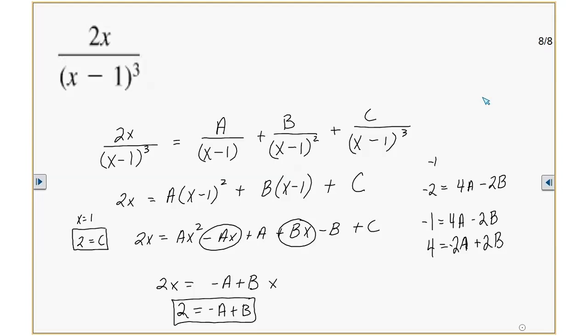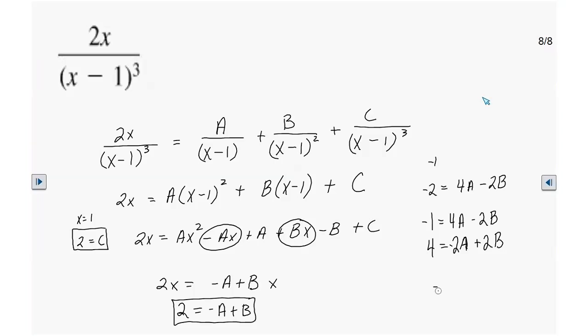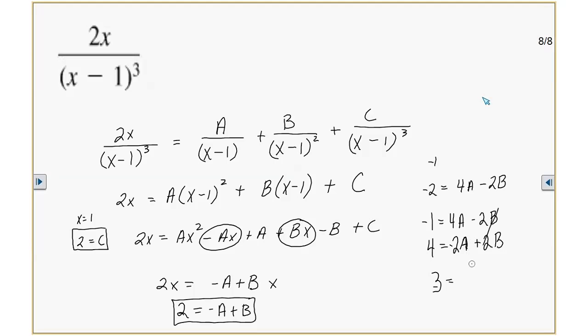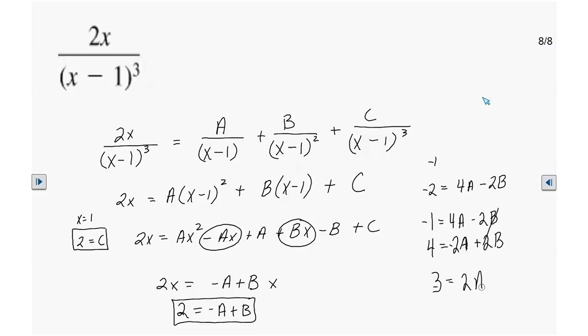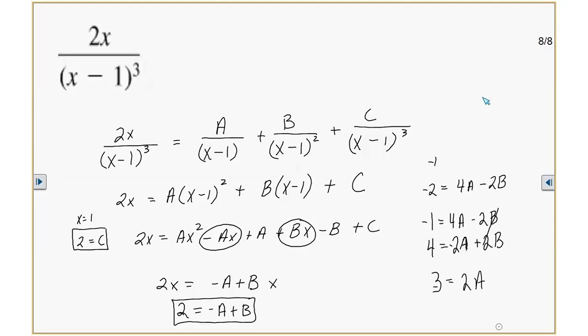And negative 1 plus 4 is 3. That goes out. 4a minus 2a is 2a. And a is equal to 3/2.